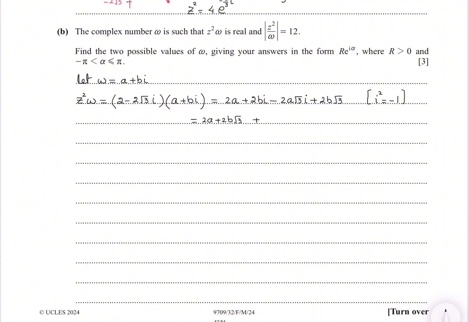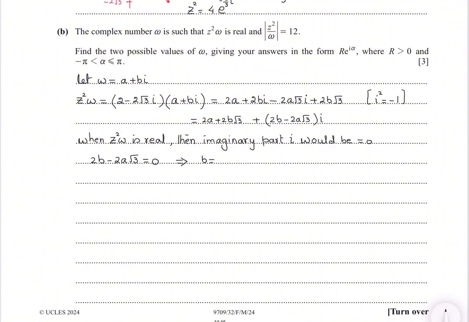So simplify it. When z squared w is real, then definitely the imaginary part would be equal to 0. So 2b minus 2a root 3 equals 0. So from here make b the subject, which would be a root 3.